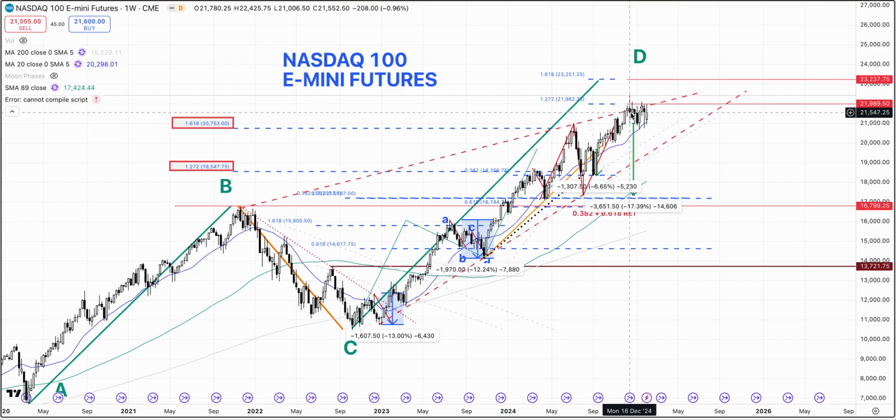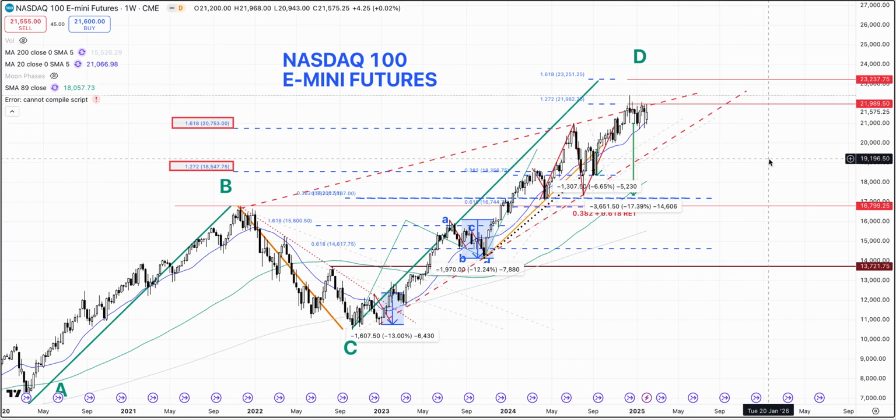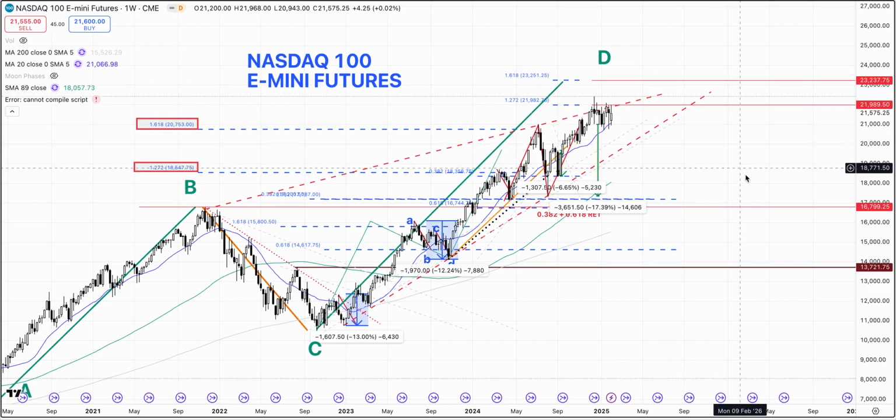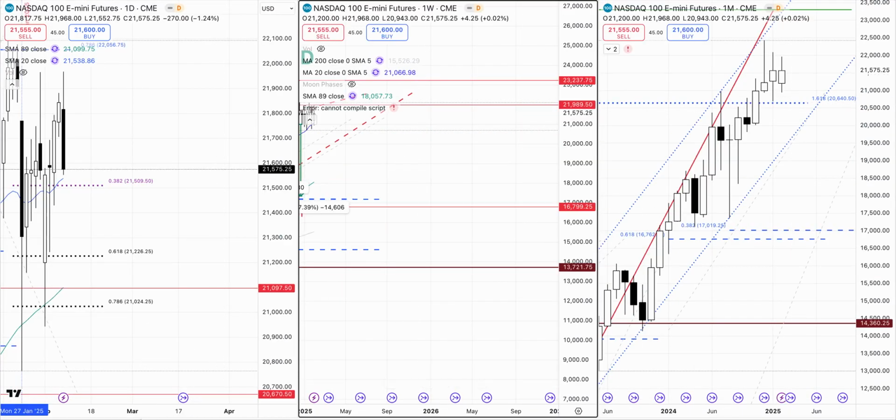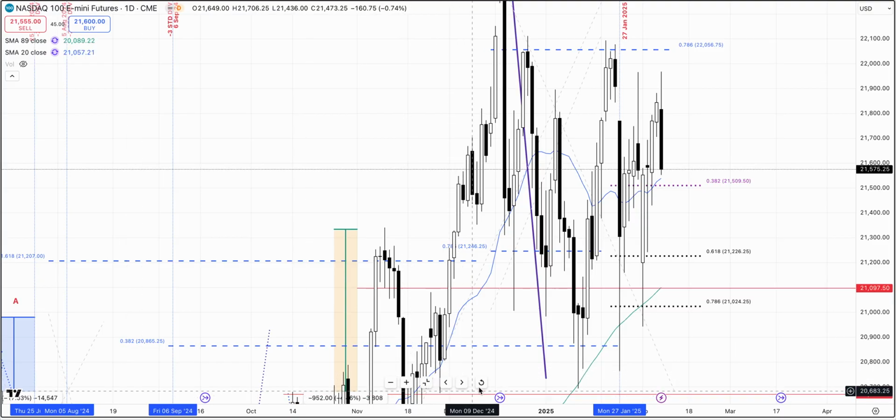This is what we had forecasted back on 7th of November when the election results came out. We had a key turn date coming out as well. Long-time subscribers will know about that one. This is what we are watching on the futures on the weekly, and if we just take a look at this on the daily chart.